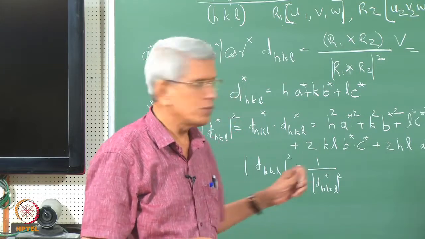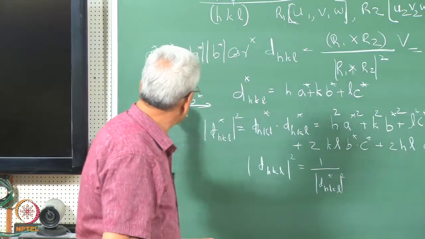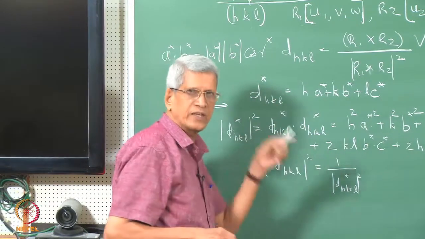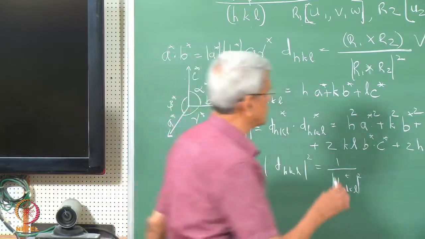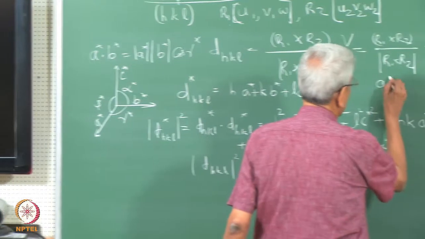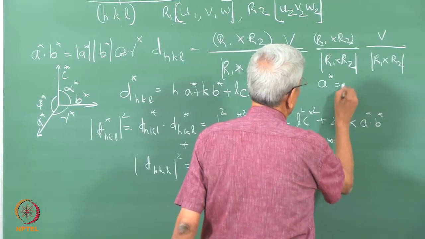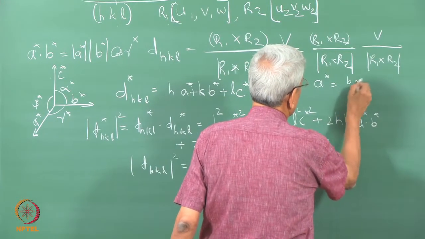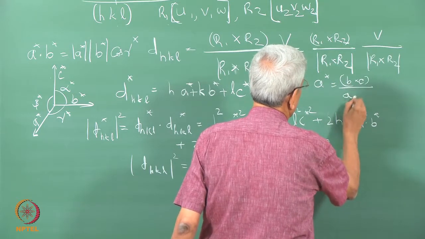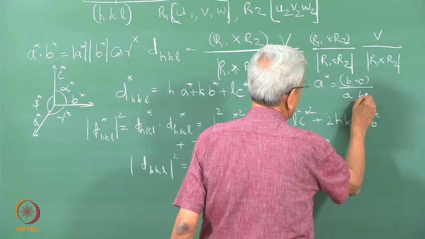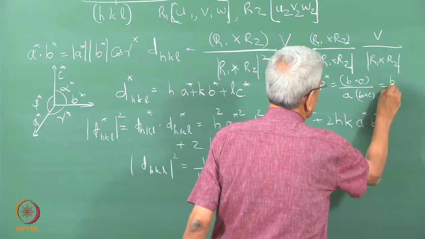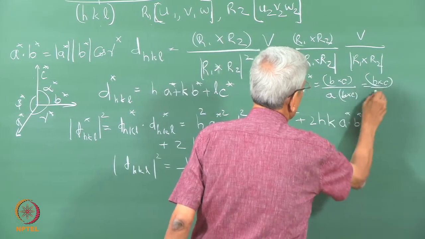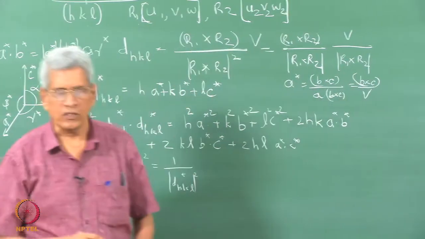Now again we know the relationship between A star in reciprocal space and real space, which is A star equal to B cross C by A dot B cross C, which we write as B cross C by V. Similarly, we can write it for the others also.